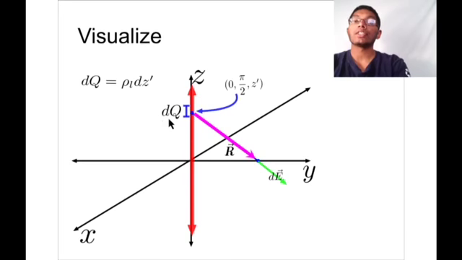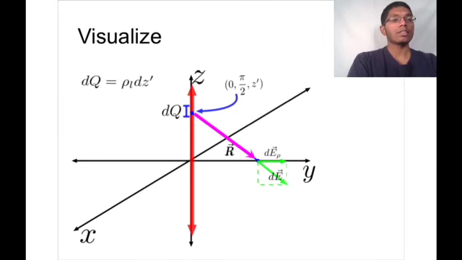So for this little bit of charge, I'd have a little bit of electric field over here. As you can see that this is on a diagonal, I'll have some electric field component going this way and some going down here this way. Let's put that in terms more formally. So we can see that there's a component going in the a hat rho direction.